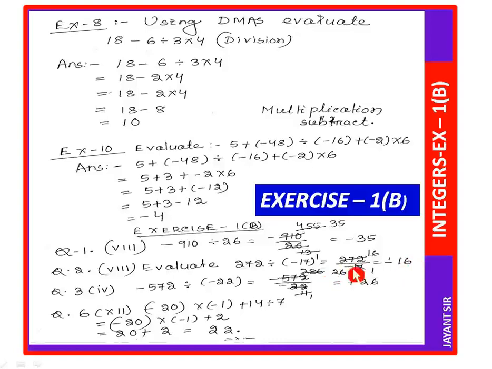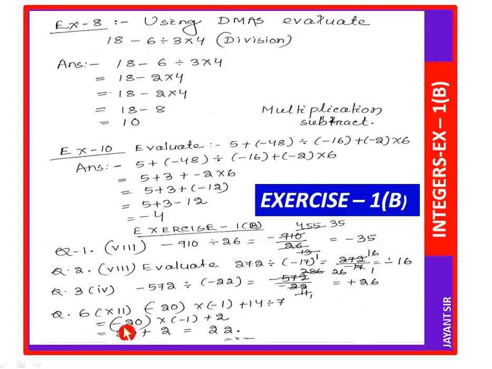Plus by minus is minus. 17 sixteens are 272, so minus 16. Question number 3, part 4: minus 572 divided by minus 22. Minus minus, same sign, so it will be plus. Reducing, we get 26.